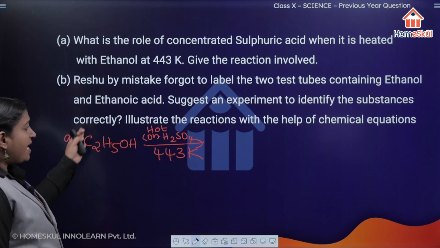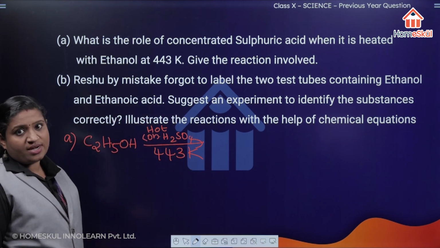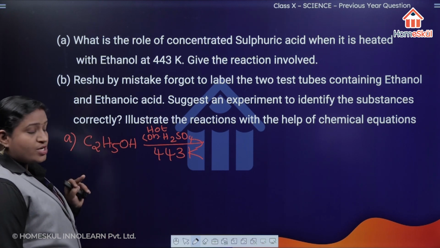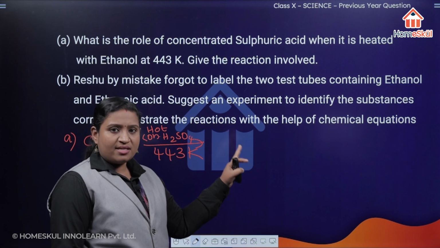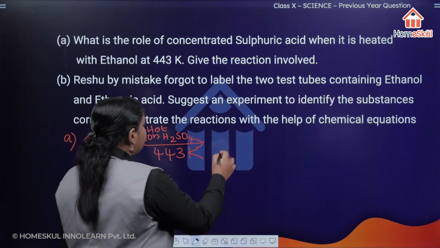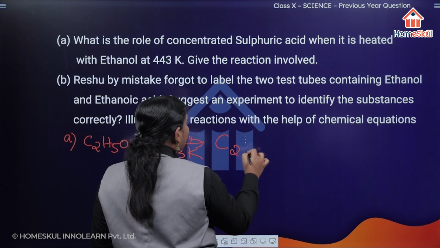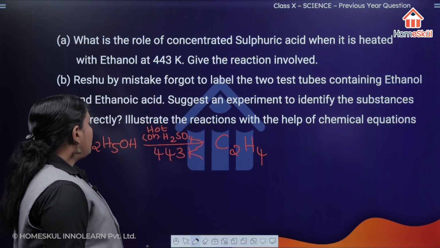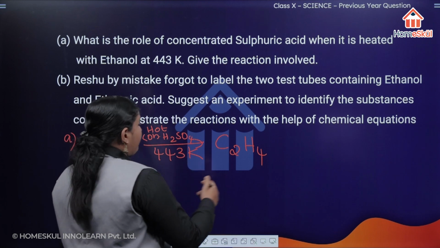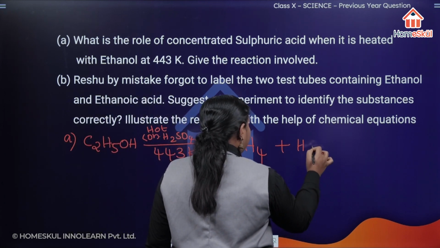Yes, it will get converted into an unsaturated hydrocarbon. Here it is a saturated hydrocarbon with single bonds. It will be converted into an unsaturated hydrocarbon, that is C2H4. Okay? And the leftover will be given as water.